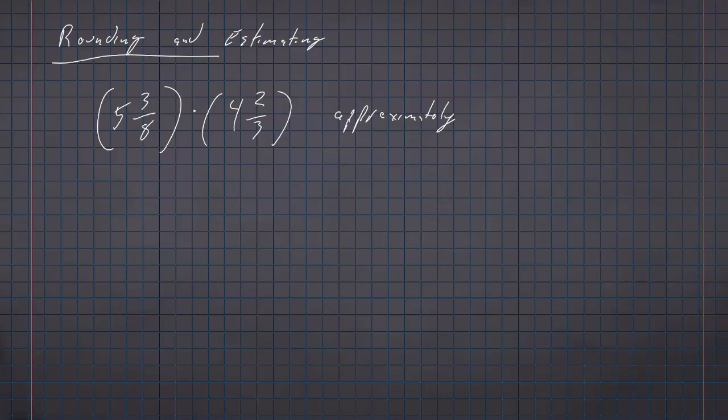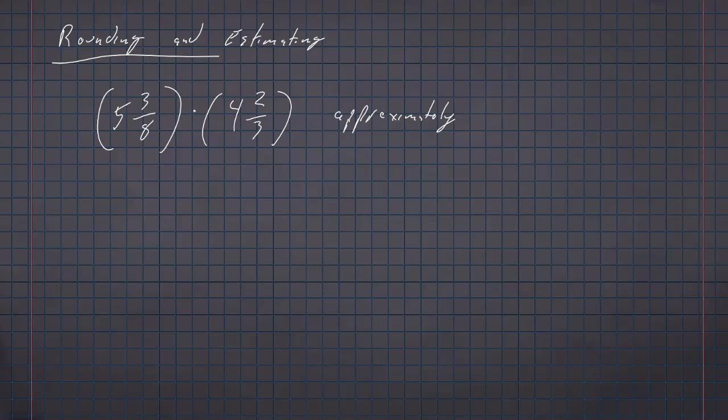When it comes to fractional values, you can use the same trick that you use for rounding in general. If the fraction is smaller than 1/2, then round down. If the fraction is bigger than 1/2, then round up. 3 is smaller than half of 8.